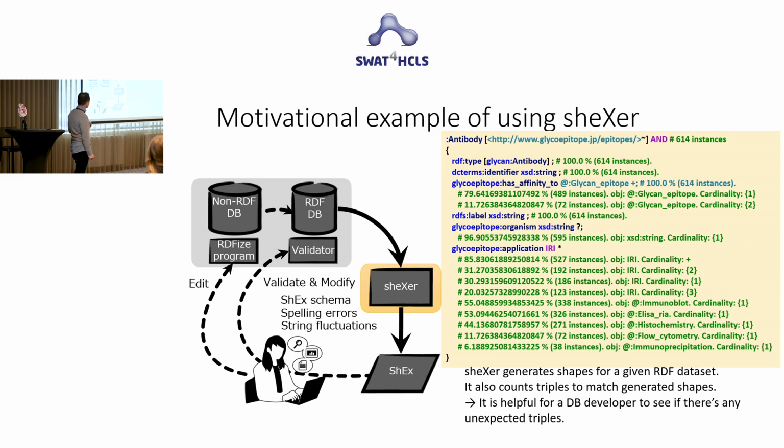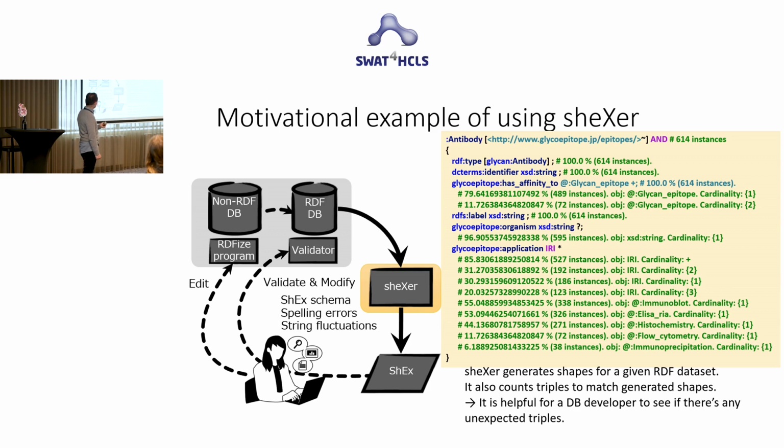By using SHECL, the RDF data developer can check what the dataset looks like, and whether the resultant database is expected or unexpected. Not only getting this kind of shape, SHECL can also produce this kind of statistical data here.